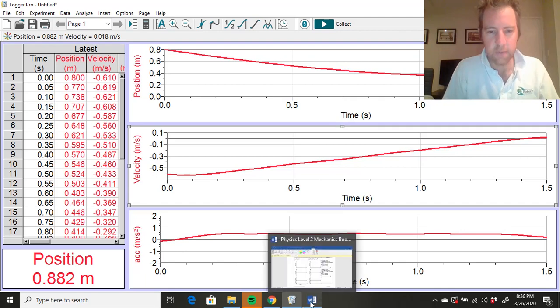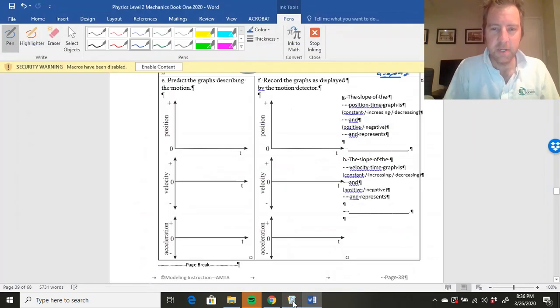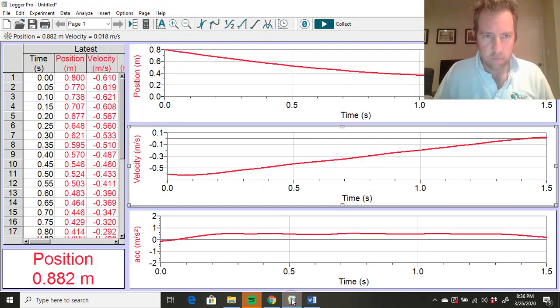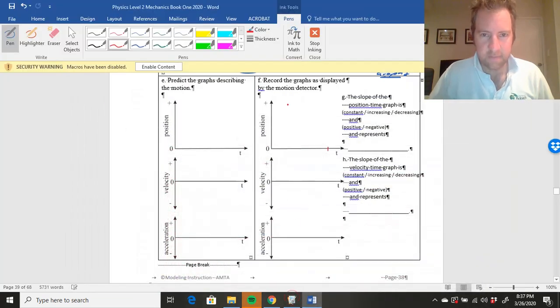So let me draw in what they should look like if I was a good pusher and I made it all the way to the 0 mark. So I started quite far away from the 0 mark. I ended back at the 0 mark. And I started with a fast speed and I ended with a slow speed.